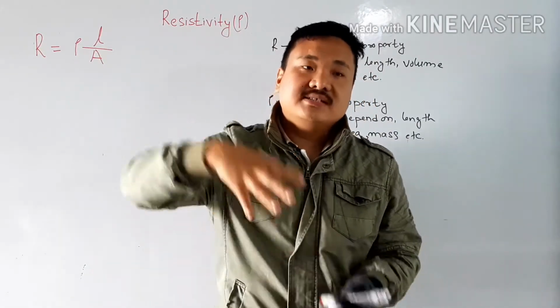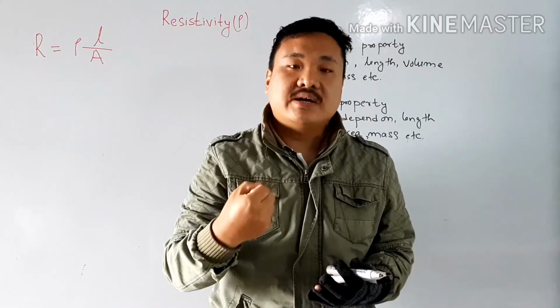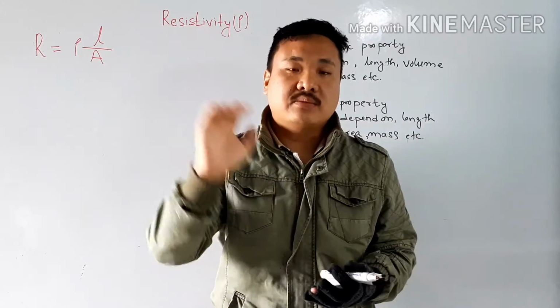If you change the area, the resistance will also change. So that is my resistance, an extrinsic property.